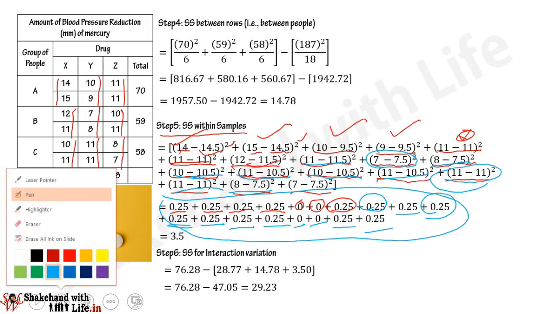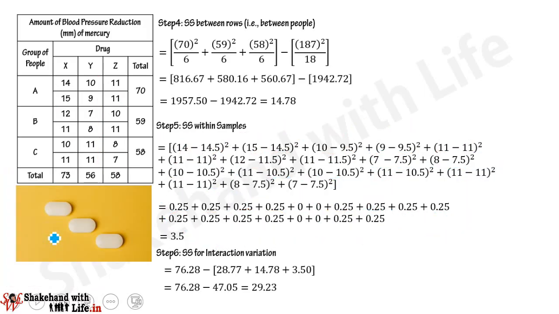Okay, now we add all these values. So 0.25, 0.25, 0.25, 0.25 equal to 1, right? And 0.25, 0.25, 0.25, 0.25 equal to 1 again.